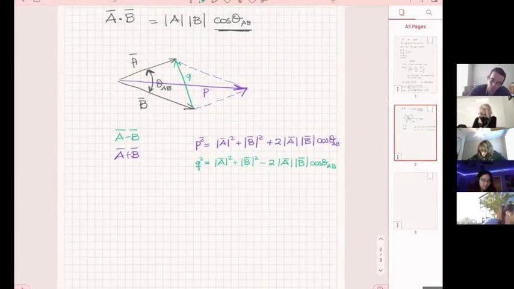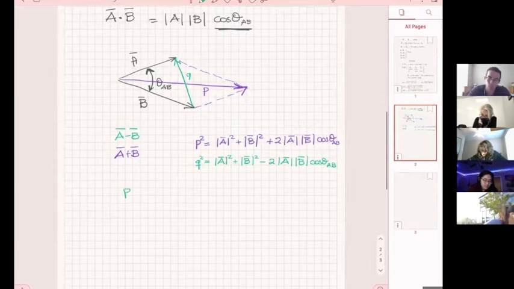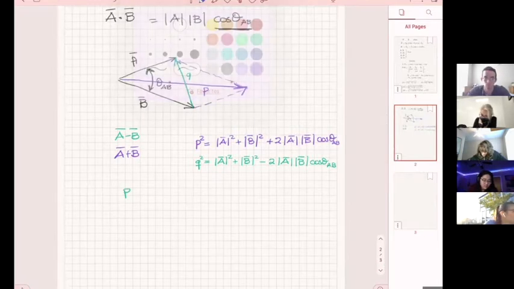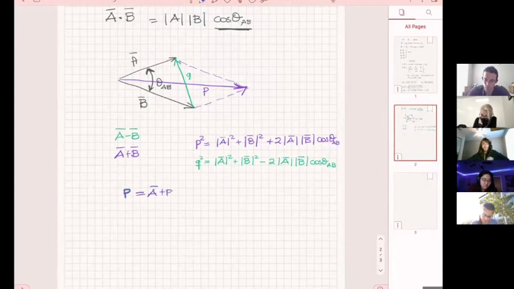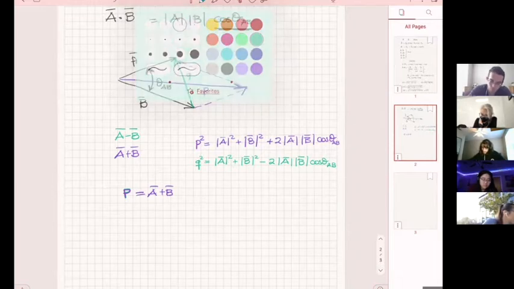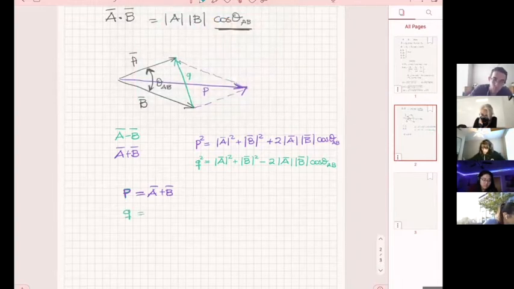What is P? P is A plus B, isn't it? What is Q? Q is A minus B.